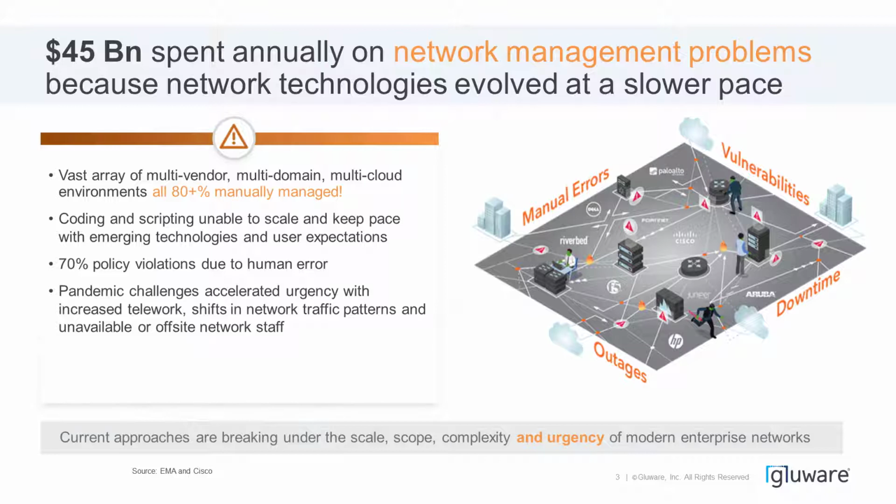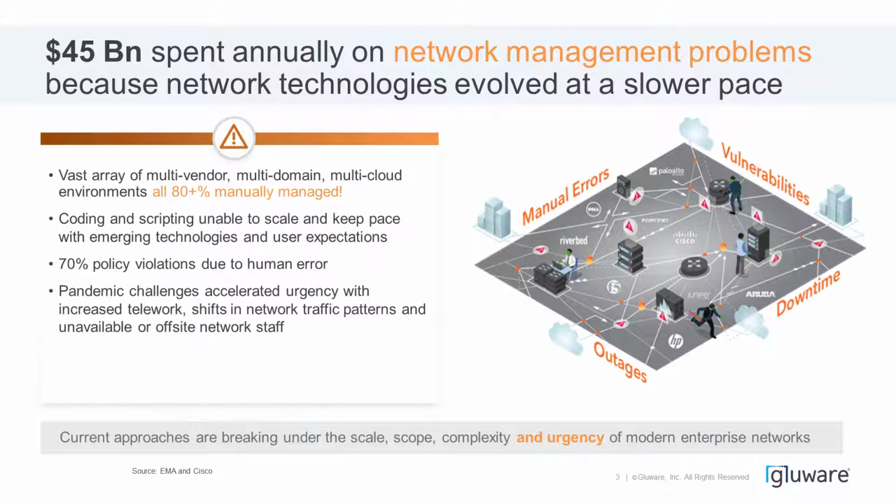Another result of that is oftentimes through human error or even script errors, the network is taken out of policy. So this can lead to compliance problems or even other issues that could result in outages and downtime.